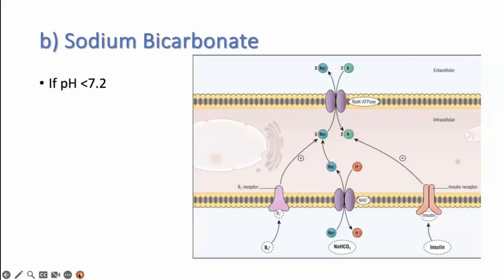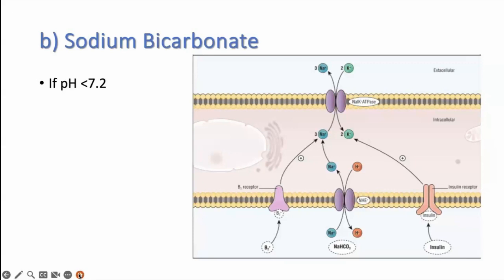So sodium bicarb, it's only indicated in a severe metabolic acidosis. So that's looking at a pH of below 7.2. We have to be very careful when using it. All the studies have shown that it's not effective on its own, and especially not effective in the first hour after administration.